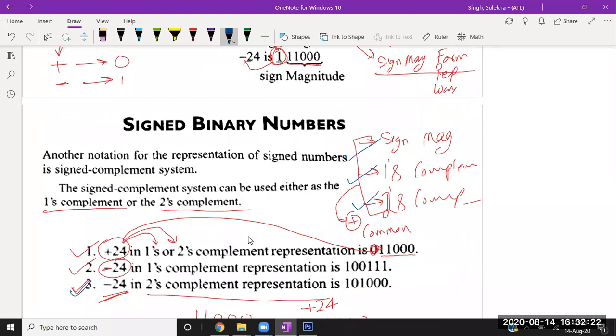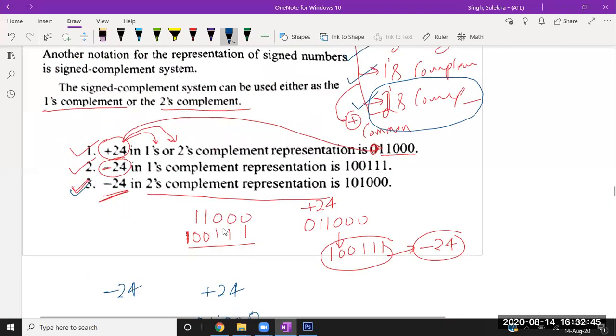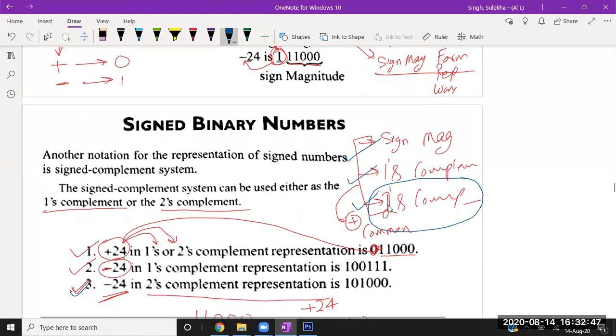In today's scenario, the two's complement method is the most successful and followed one in practical life. These other two methods are not followed in practical life. I will explain these things. Before going into explanation, we will see why two's complement is used for representation of any negative number.